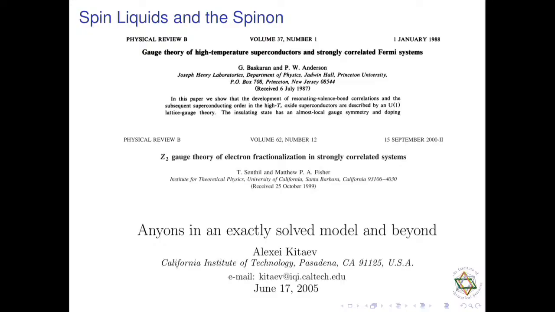And the idea was, the picture in high-Tc was there's an electron and there's a spinon, and they are bound together by a gauge field. If the gauge field is realized in the deconfined phase, these two are free, and you see the spinon independently. If it is realized in a confined phase, then it becomes like an electron.